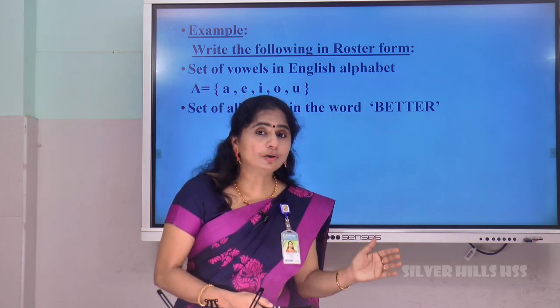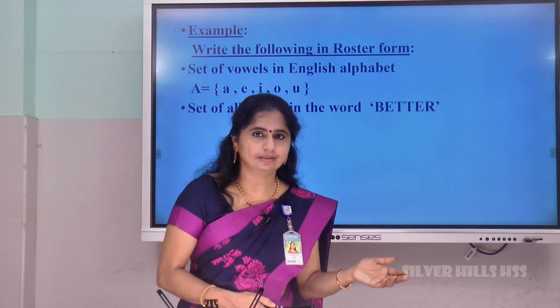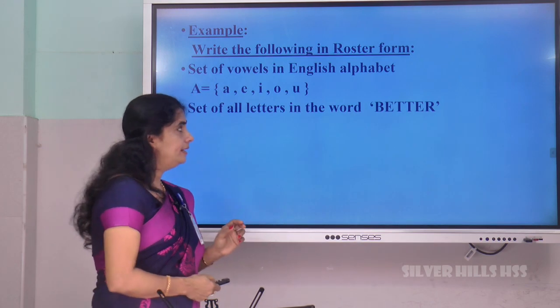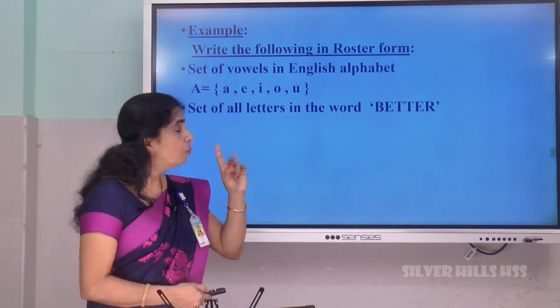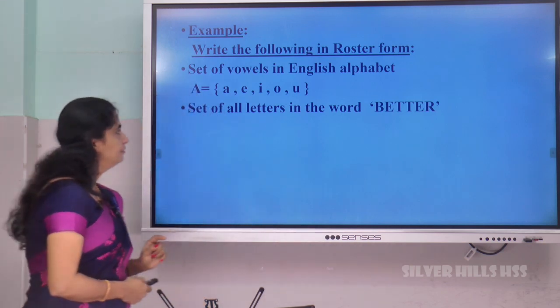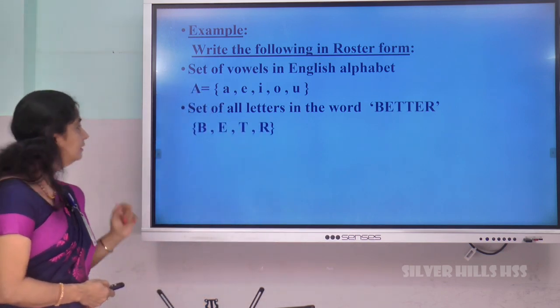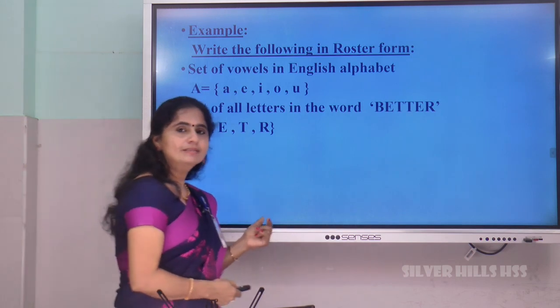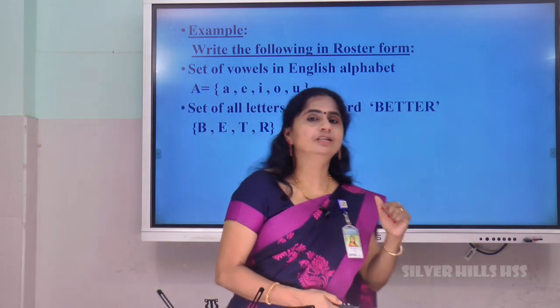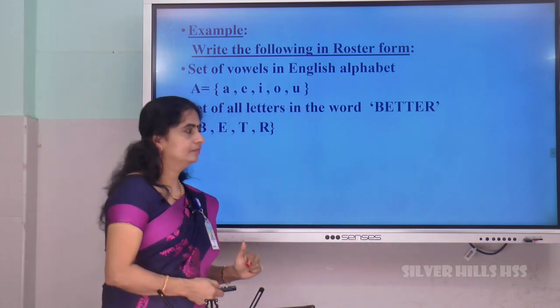Similarly, the order of the arrangement doesn't matter. So, here the letters will be B, one E, one T, and R. Therefore, it can be written within the braces as {B, E, T, R}.